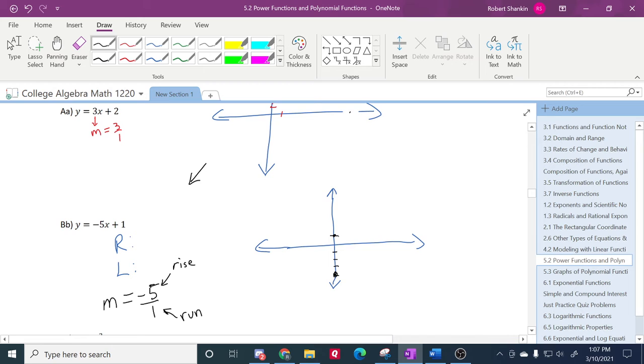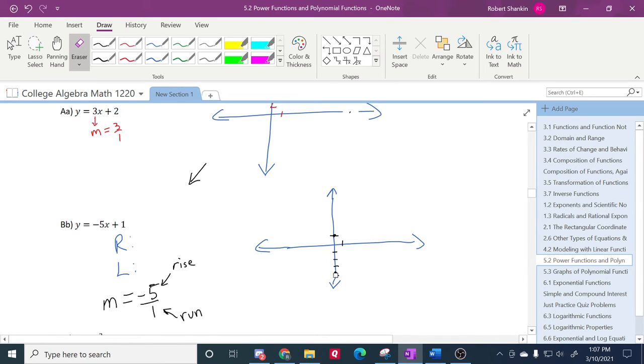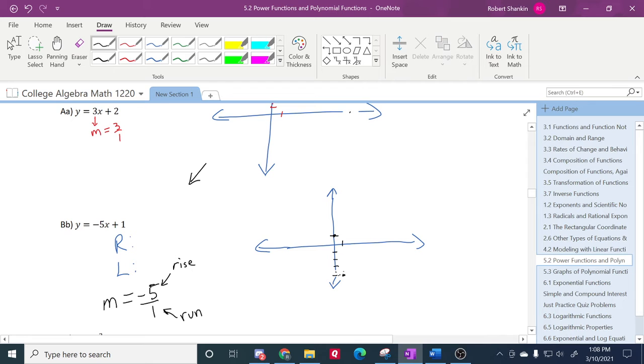Rise -5, you go down 5. That's correct. But what you're missing is then run 1. And so instead of making that point here, we make this other point down 5 over 1. And then we connect these 2 points with our line.